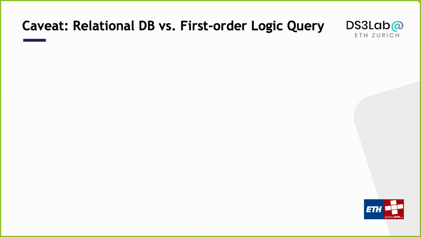Okay. Now let's talk about another caveat. So far, I've tried to teach relational calculus by trying to convince you that every single query you are writing to the database is a logical formula, a first-order logical formula, right? But I'm hiding a small thing when I talk about it.